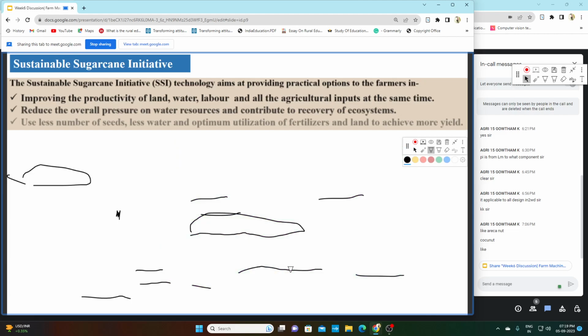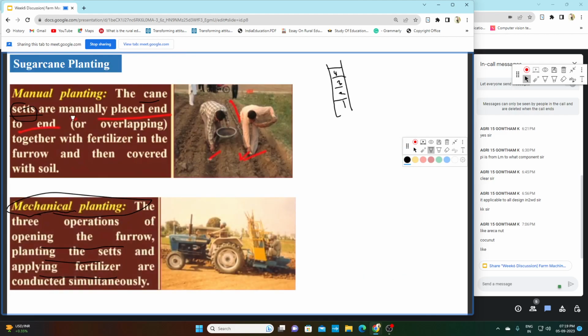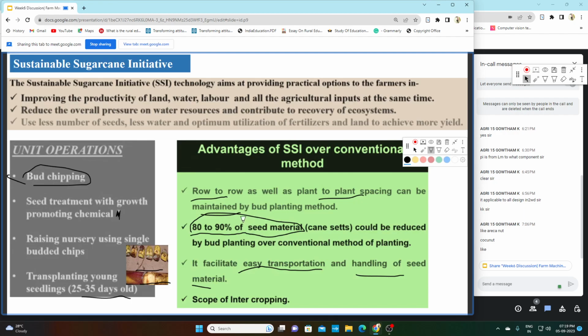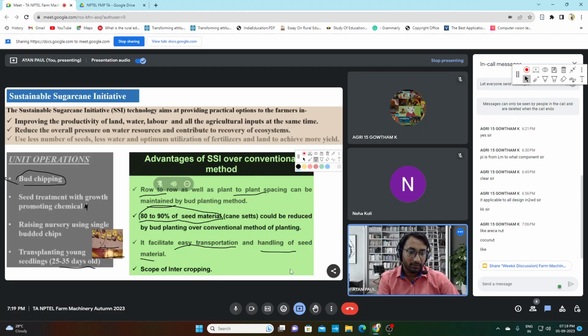If we are doing manual planting or mechanical planting, the distance between the rows is kept very small. But here, as the distance between the rows is maintained very well, we can go for an intercrop in between the two rows of the sugarcane. So this is the last advantage. Okay, so is this clear to all of you?